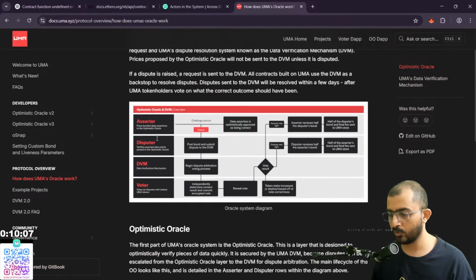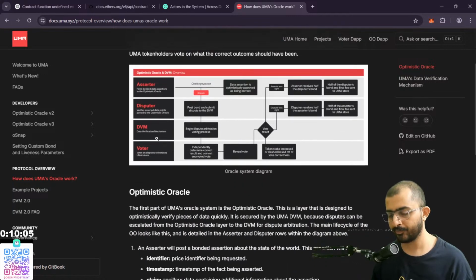Those are the voters here. So if it's correct, they get the money back. If not, the money gets slashed and everything gets back to the original state.